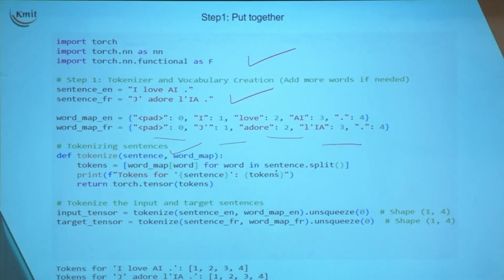By splitting the given sentence, by word mapping. Now the output of tokenization is what? Can you see here in the bottom? 1, 2, 3, 4. So there are 4 tokens which are generated: I love AI along with one padding, which is the extra EOS.